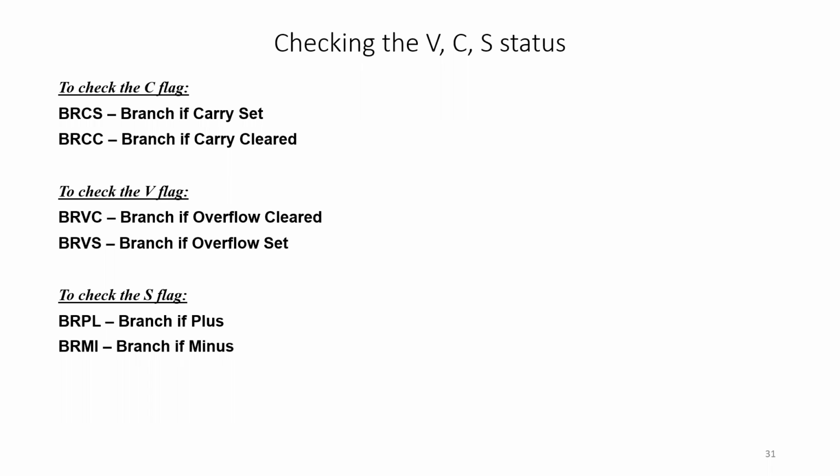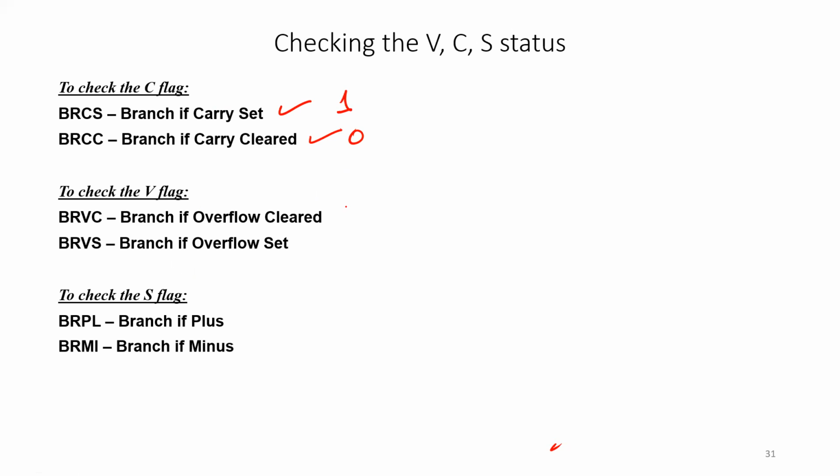The first instruction is branch if carry is set. This is a branching instruction. It would jump to a certain line if the carry flag is active high. And we have another one for active low or clear.